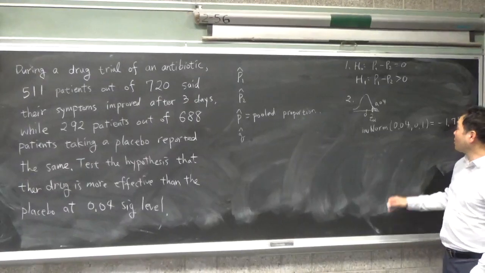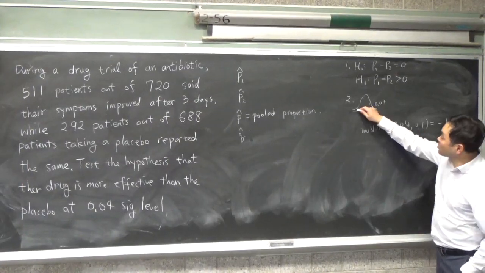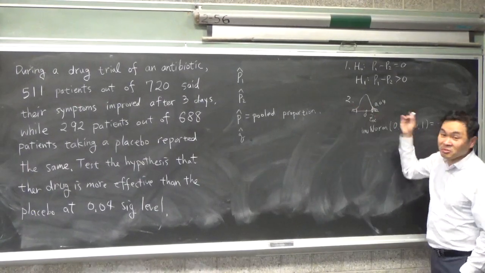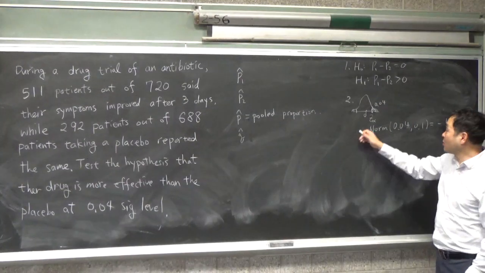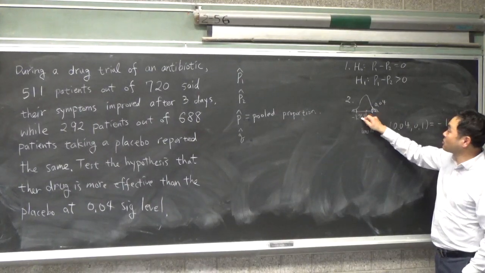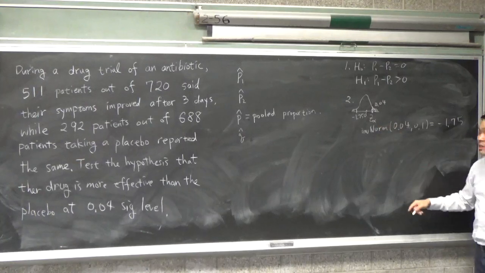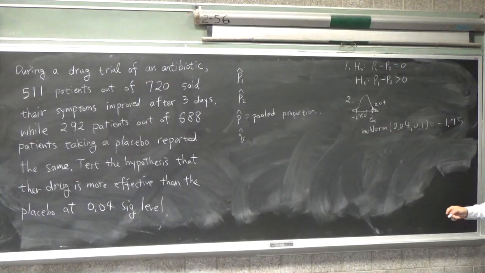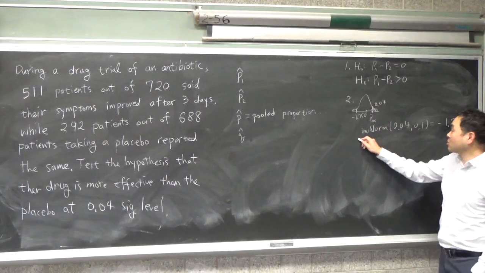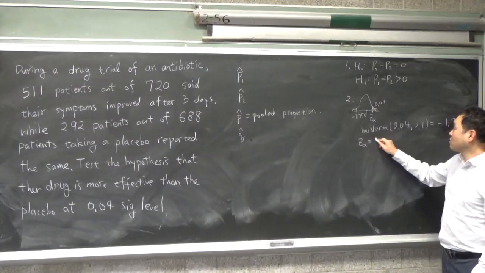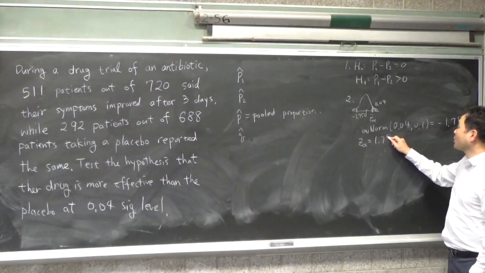So what's going on? Well, inverse norm tells you the critical value if the area is to the left of it. That's why this is negative 1.75. Therefore, our Z alpha must be positive 1.75. That's one way to do it.